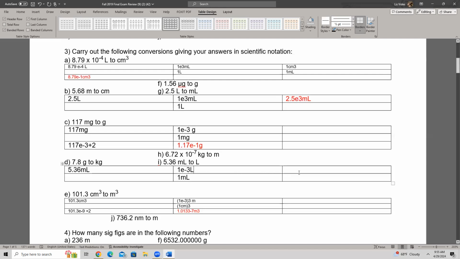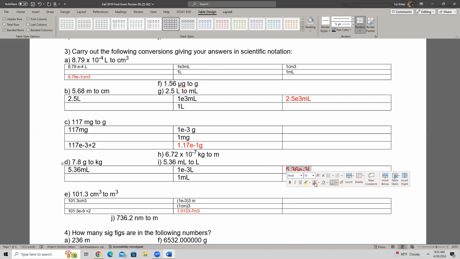Okay, and then the answer again is just plain old 5.36, right? E to the negative 3, sorry, liters. Oh, what happened to my E? I pushed the wrong thing. Okay, there you go. And that is your answer for this particular one.